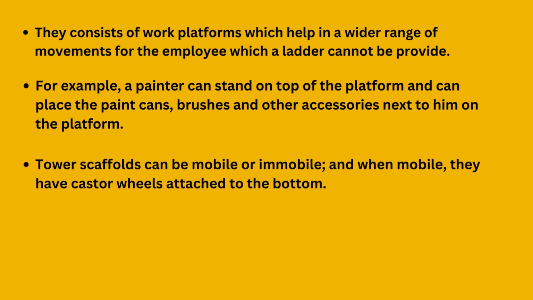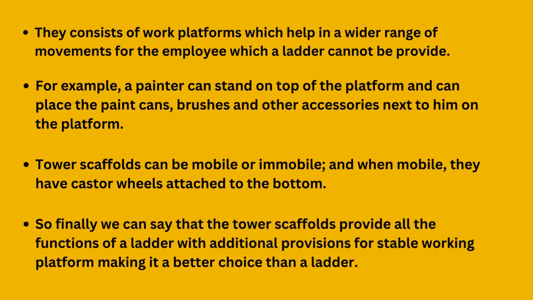Tower scaffolds can be mobile or immobile, and when mobile, they have caster wheels attached to the bottom. So finally, we can say that the tower scaffolds provide all the functions of a ladder with additional provisions for stable working platforms, making it a better choice than a ladder.